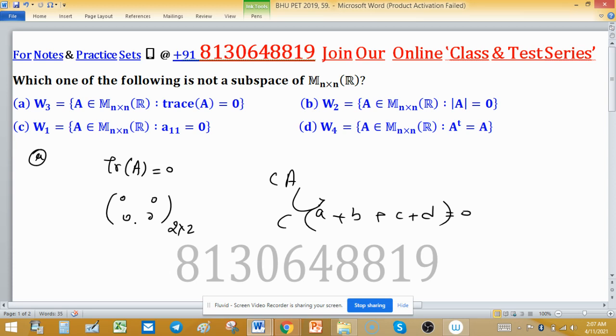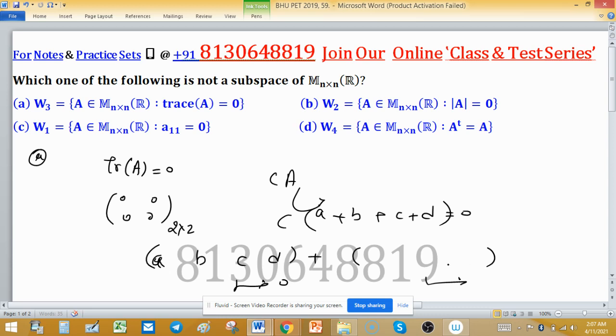If we are taking two elements A and B, then their sum will be 0 because of the diagonal sum. If A, B, C, D are diagonal elements, suppose four elements I have chosen, then their sum is also 0.